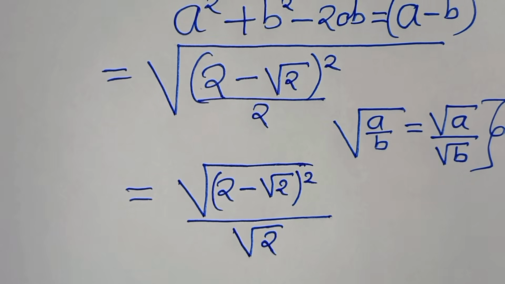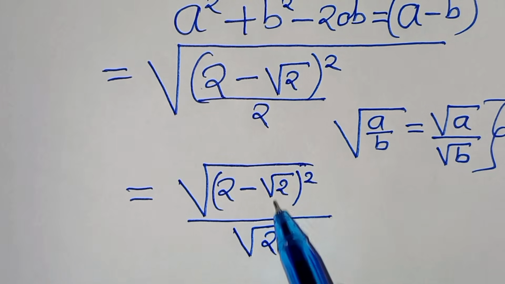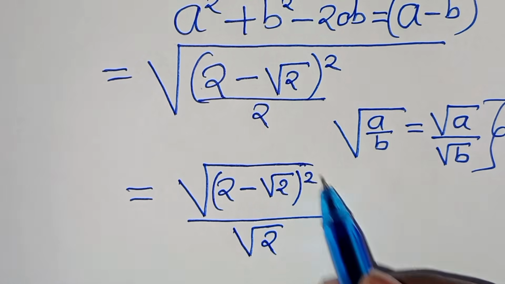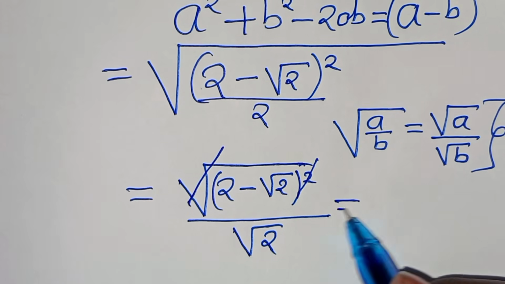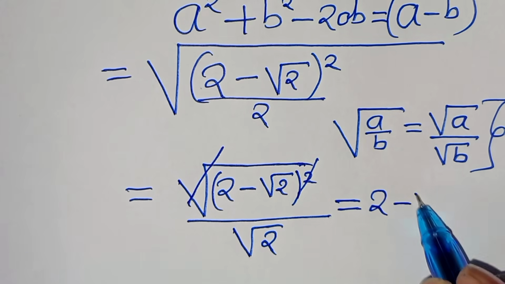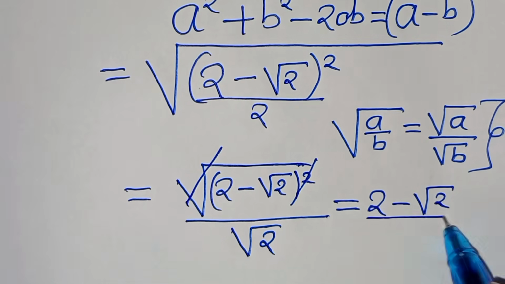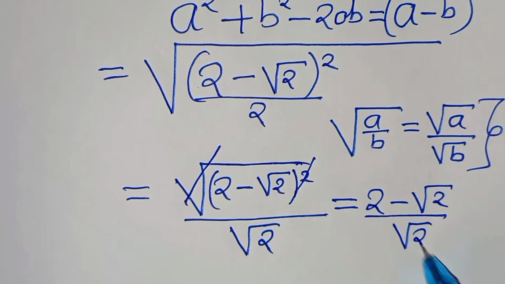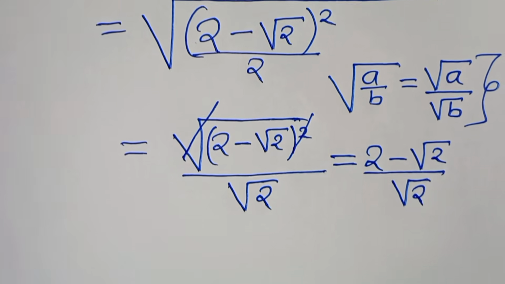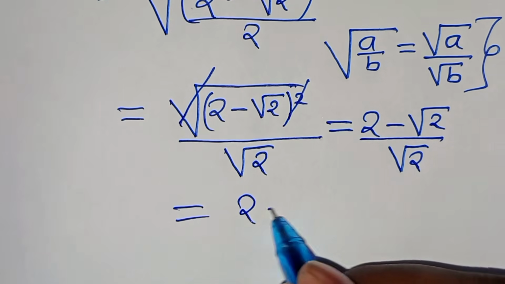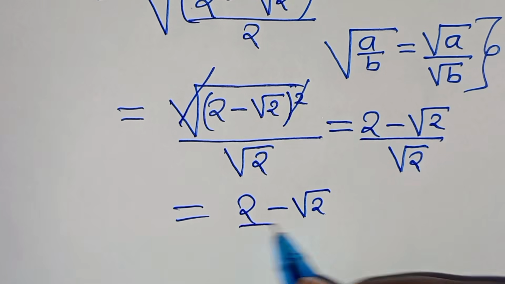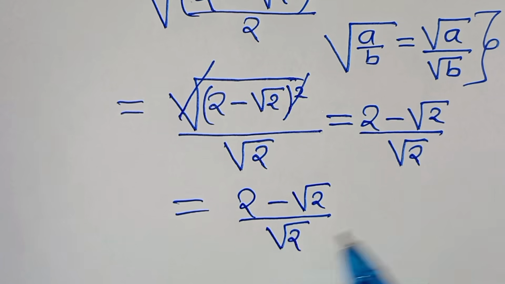Now the square root of 2 minus square root of 2 to the power of 2, this means we can eliminate the square root sign, and this is equal to 2 minus square root of 2 divided by square root of 2. So this means that here we have 2 minus square root of 2 divided by square root of 2.